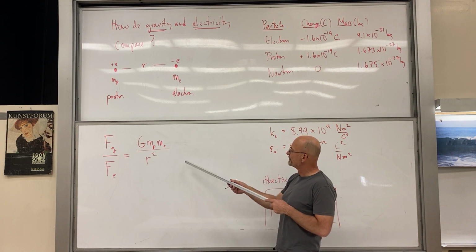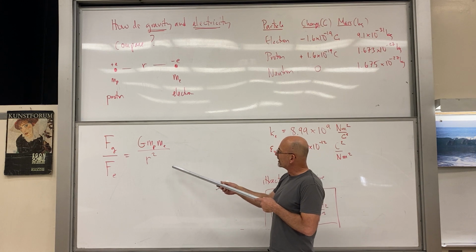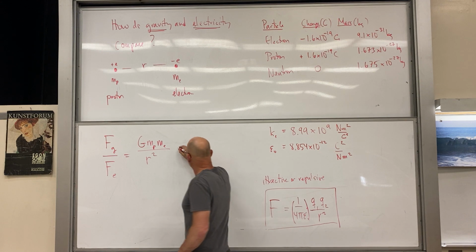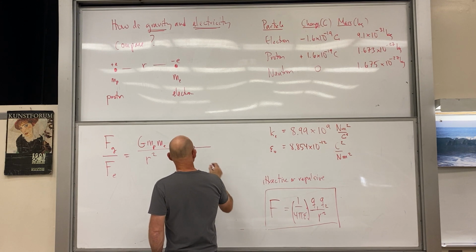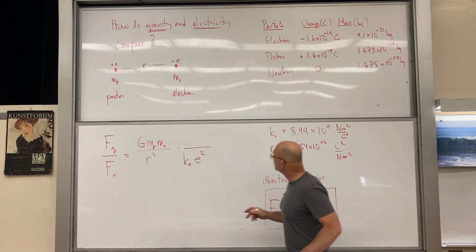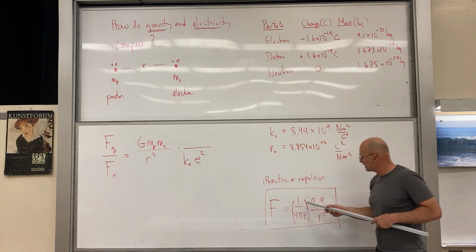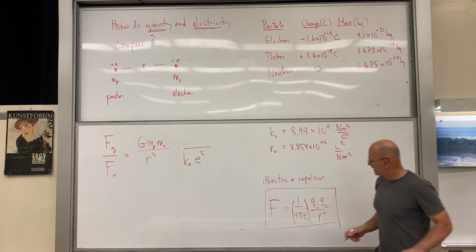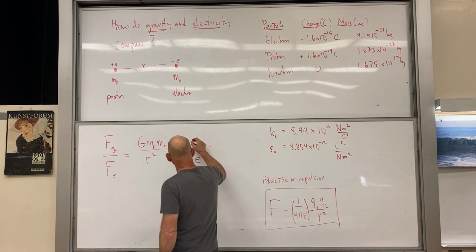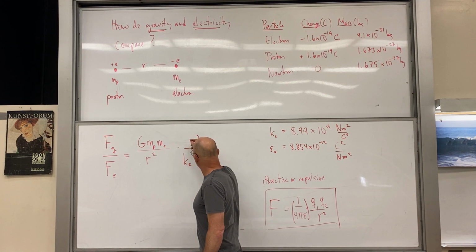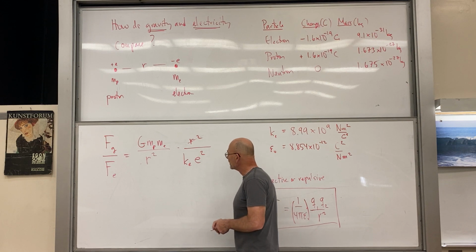Well, if I'm going to divide that by the electric force, I can just flip that. Right here, when I multiply, it'll be k e squared. So Q1 times Q2, we have that here. It's the k times Q1, Q2, so e squared over r squared. So that's nice. The ratio of these, the distances cancel.